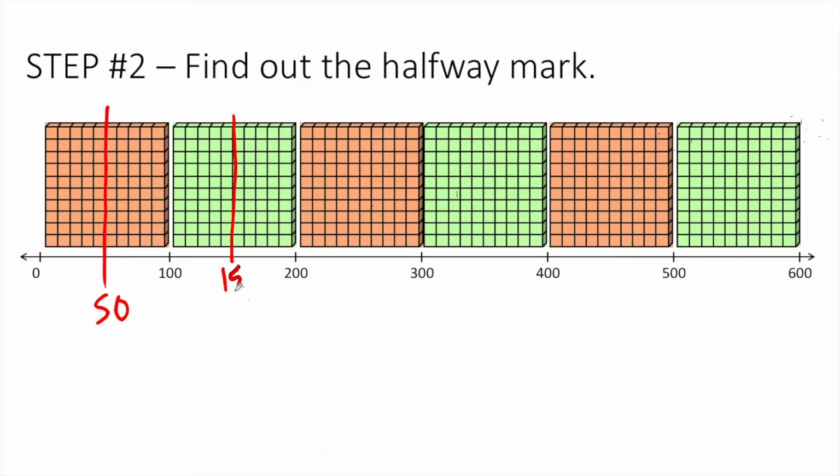Halfway here would be 150. Halfway here would be 250. Halfway here, 350. Halfway here, 450. Halfway here, 550. So that's the biggest difference: the halfway is different because the whole way is different. It's 100 instead of 10.